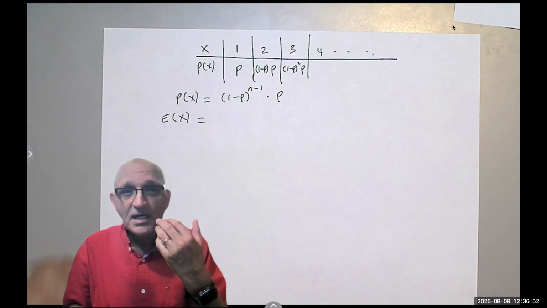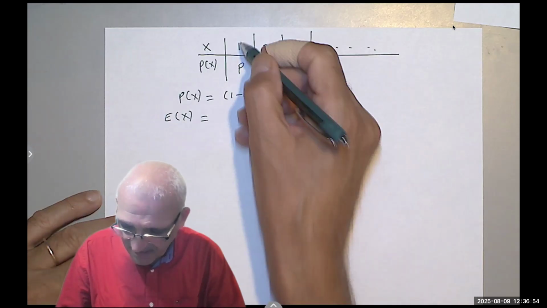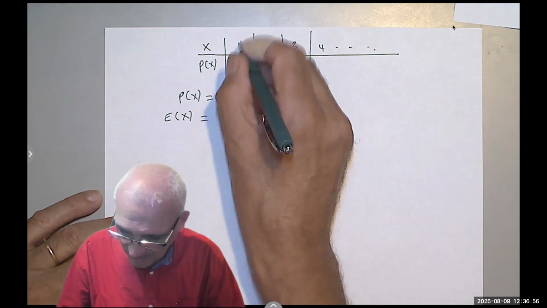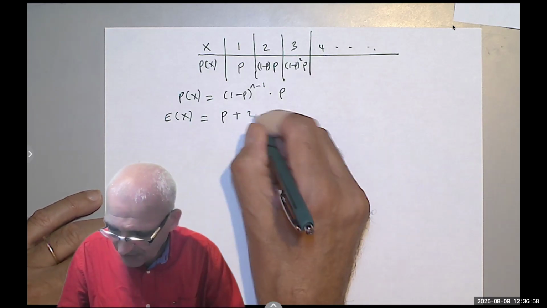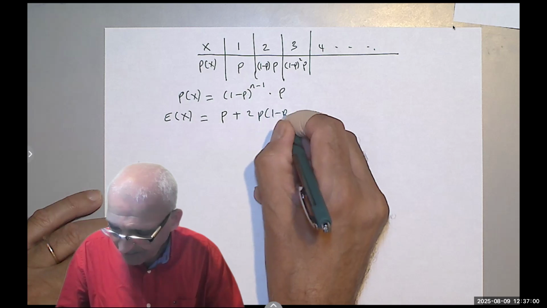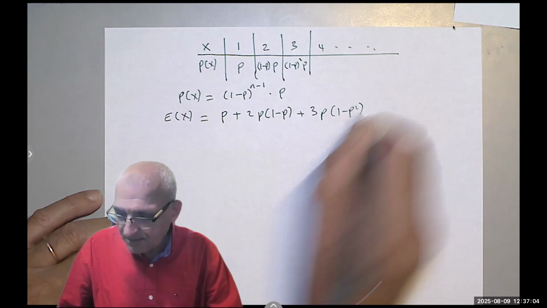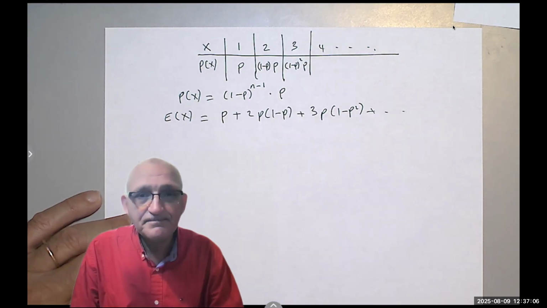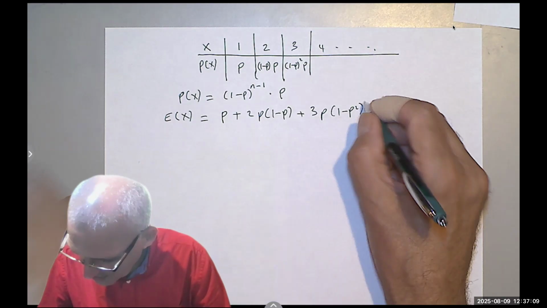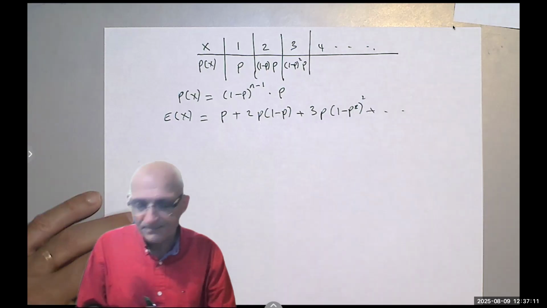Remember we said it's the summation of x times p of x. So it's 1 time p plus 2 times p times 1 minus p plus 3 times p times 1 minus p square plus till infinity. Oh, I'm sorry, 1 minus p square.